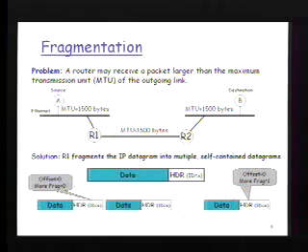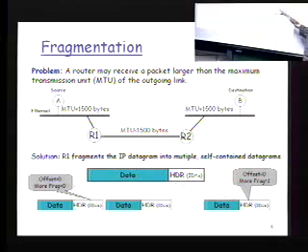So now let's look at fragmentation. Each link on a path on the internet or any network has this parameter called maximum transmission unit, which is the size of the largest packet that that link can support. Now different links on the path of a packet might have different MTUs.